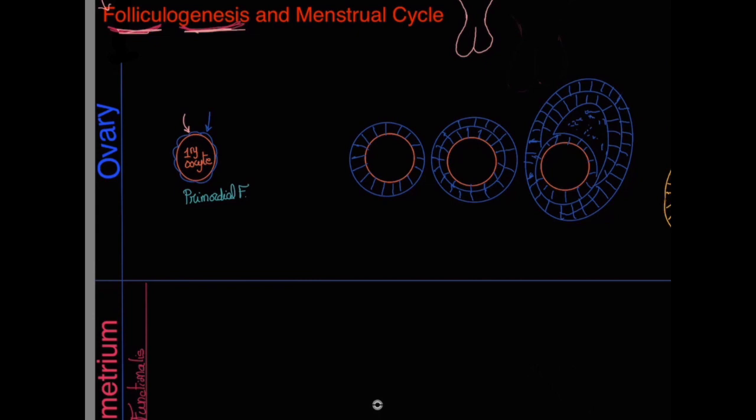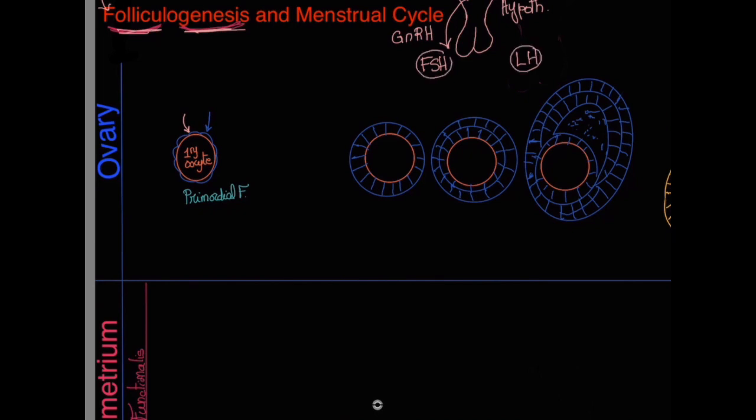Each month after puberty, what's going to happen? The hypothalamus of the brain will release GnRH, gonadotropin releasing hormone. The gonadotropin releasing hormone will stimulate the anterior pituitary gland to release FSH and LH.